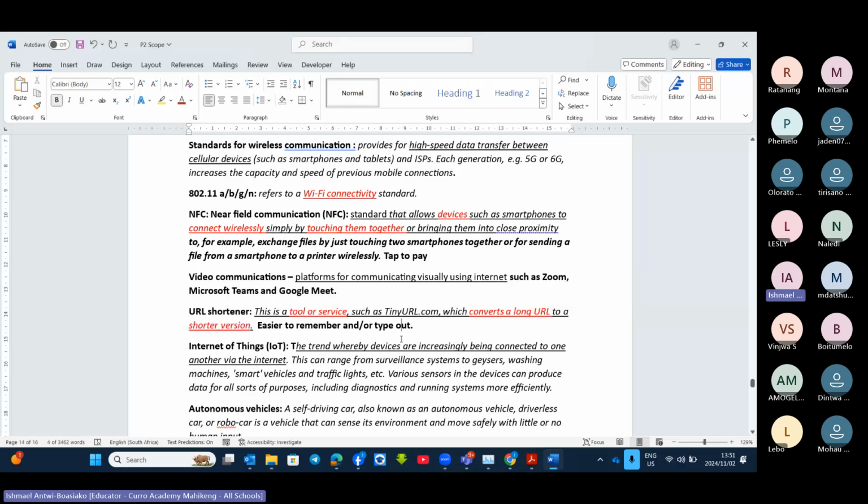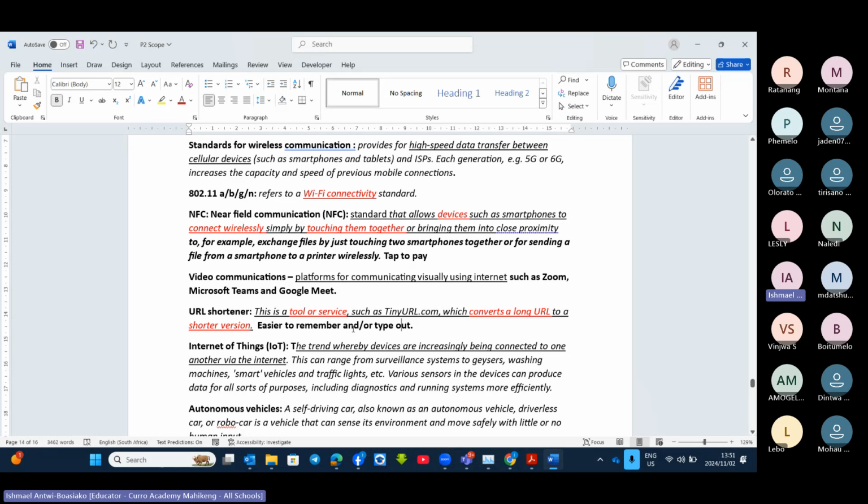So whenever you are studying these terminologies, identify the keyword like this one: a tool which converts long URL into a shorter version. Now, sometimes they can give you a question whereby they ask you what's the function of a website like tinyurl.com. Then you know that it's part of the URL shortener.